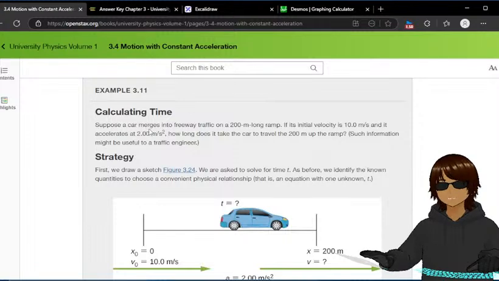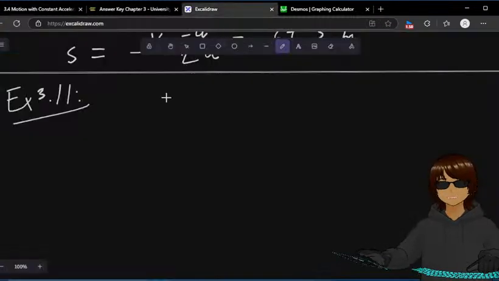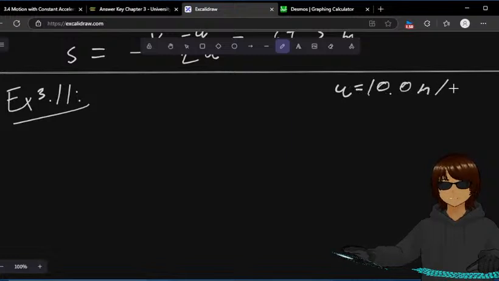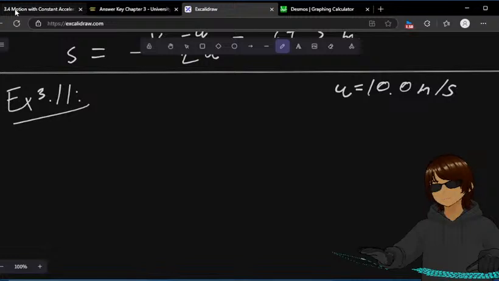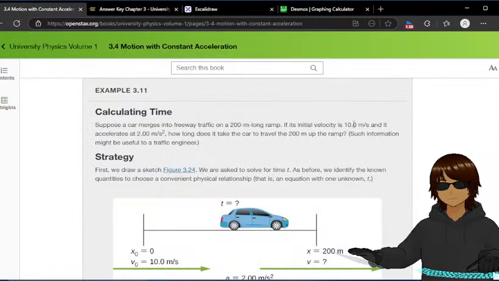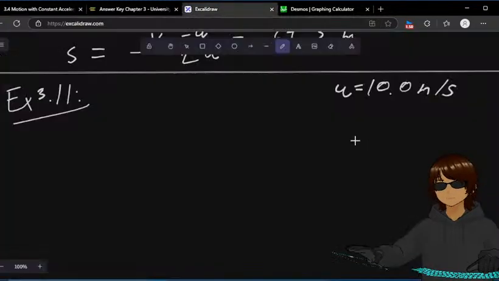Suppose a car merges into freeway traffic on a 200-meter long ramp. Its initial velocity is 10 meters per second. It accelerates at 2 meters per second squared.